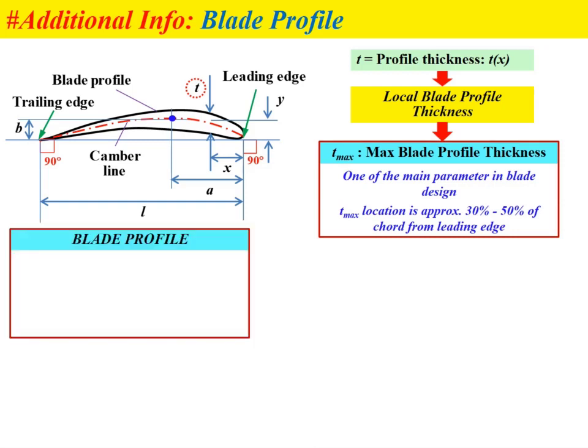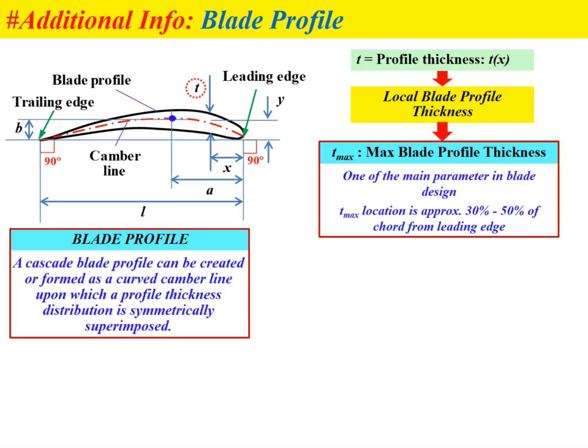Another piece of information that is important to understand is the blade profile in terms of principle, where a cascade blade profile can be created or formed as a curved camber line upon which a profile thickness distribution is symmetrically superimposed.